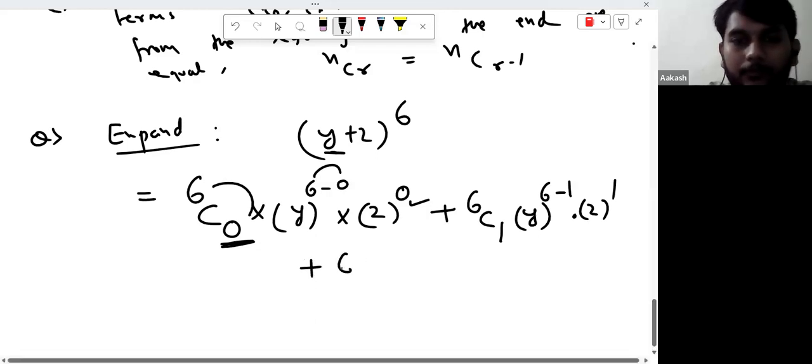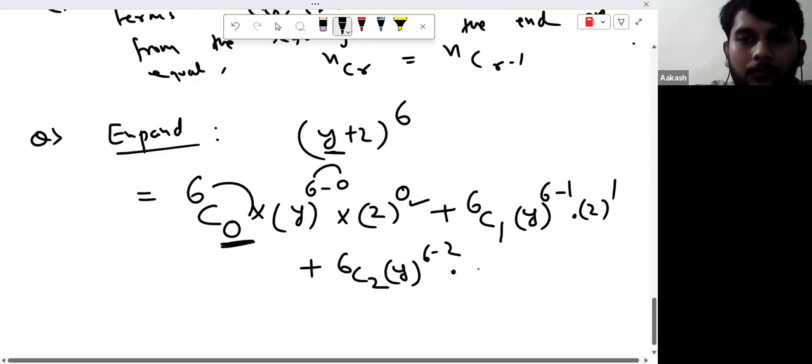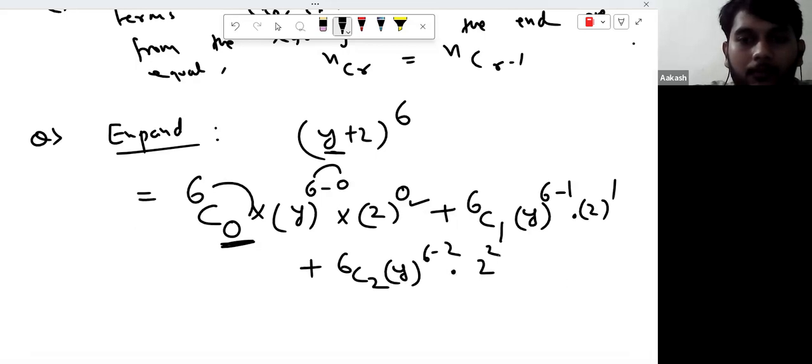So 6C2, first term to the power 6 minus 2, second term to the power 2. Very good. And Joel, next term? 6C3, first term cube, second term cube.